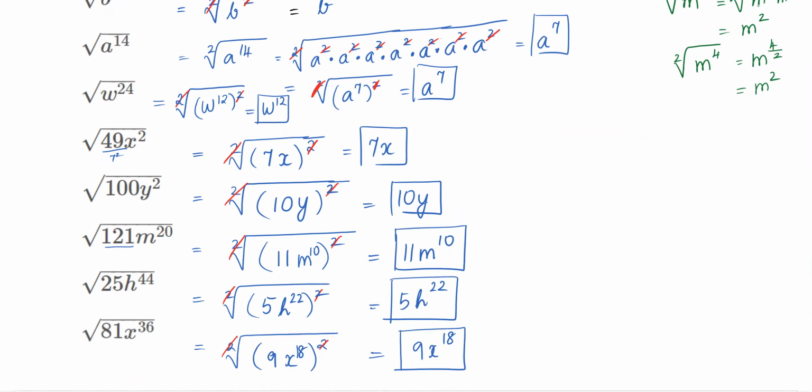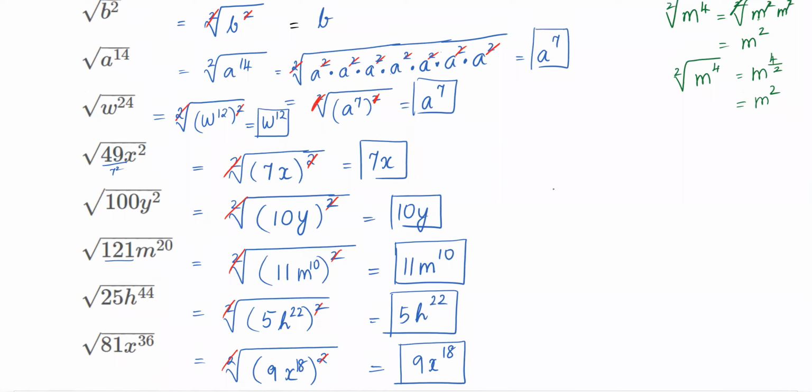Okay, let me write it out here one more time. Root, or we could say square root in this case. Oh no, let me write it generally. Root and power in the radicand will undo each other.